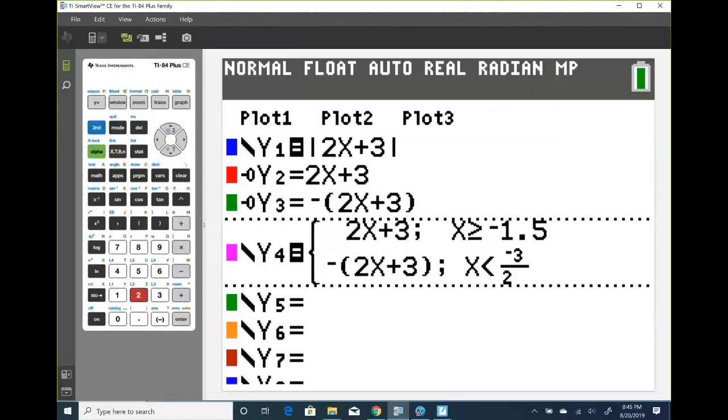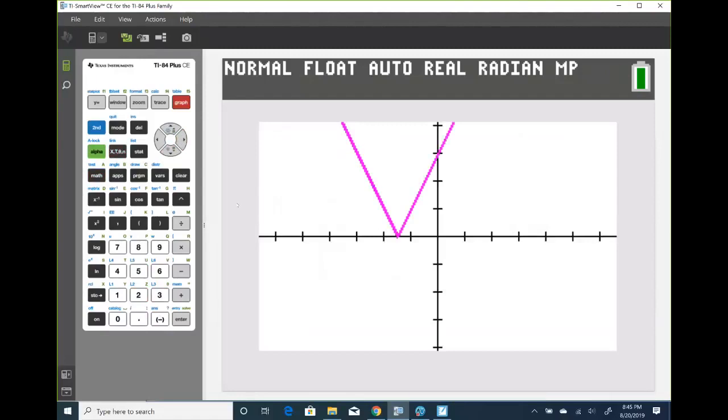Getting students to understand that when we do this equivalent expression, we need to have that domain restriction. So when we put this in, we can see that our piecewise, which is in magenta, is working. All right, so those two are equivalent. That is everything I have on the 84.